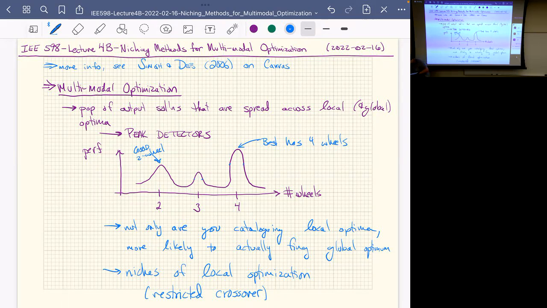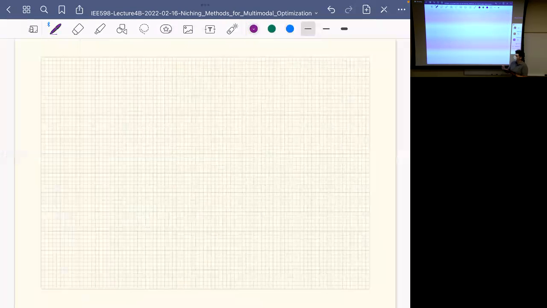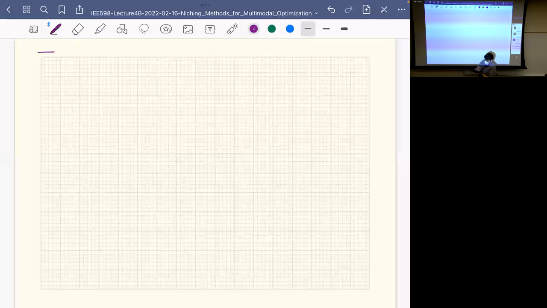All right, so in order to move from a standard GA to a multimodal GA, we have to enhance a GA with a number of different niche preserving techniques.